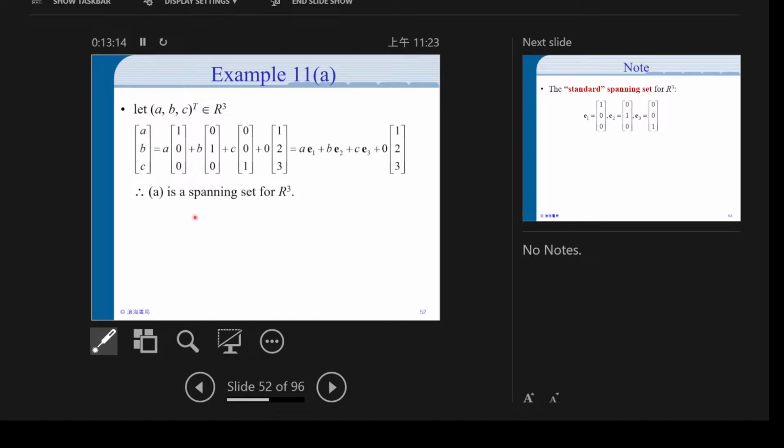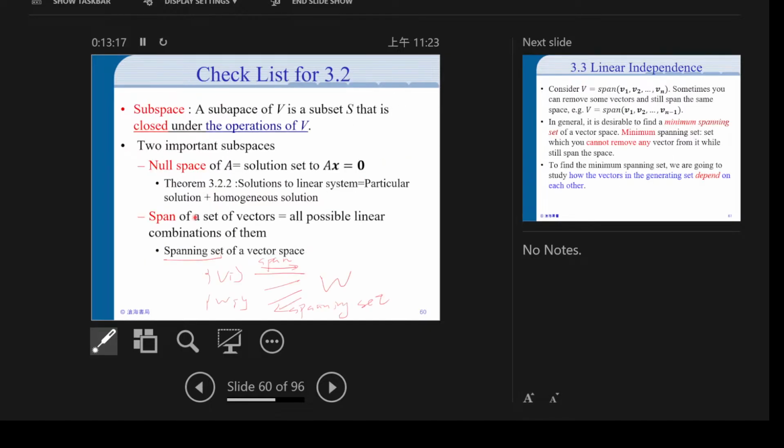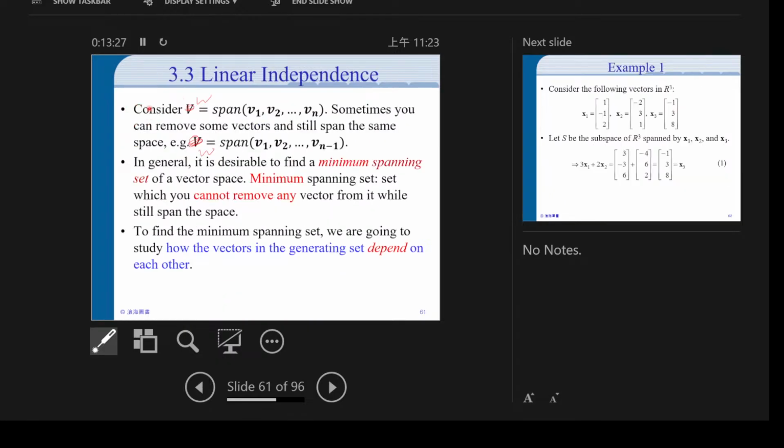Yeah. And so now our idea is we want to find some good spanning set for our vector space W. Our vector space W has a whole bunch of spanning sets, and in particular, we want some smaller spanning set. So first thing we want to do is find a minimal spanning set.